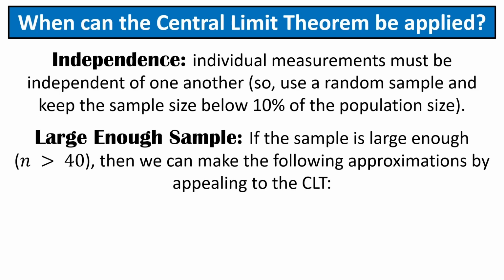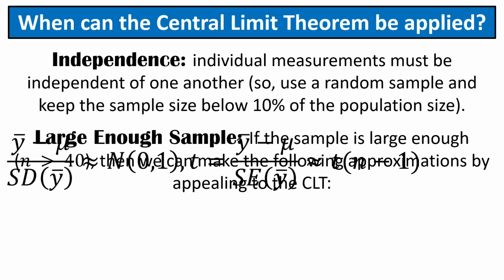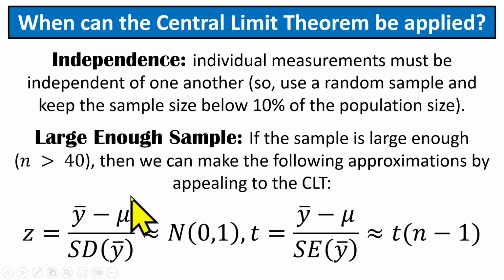So if the sample size is big enough, then we have two results. The first one is if you take your sample mean and you standardize it, and when you standardize, you're using the standard deviation of that sample mean, then what you're doing is you're calculating a Z statistic. And that Z statistic is approximately normal 0, 1 in distribution.